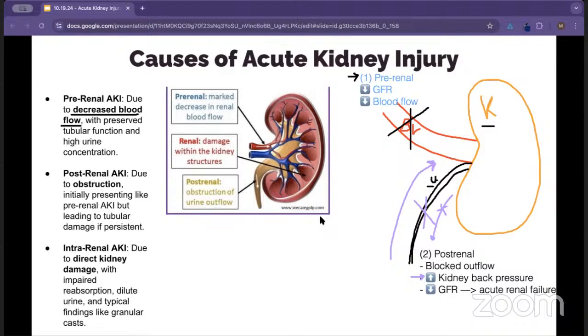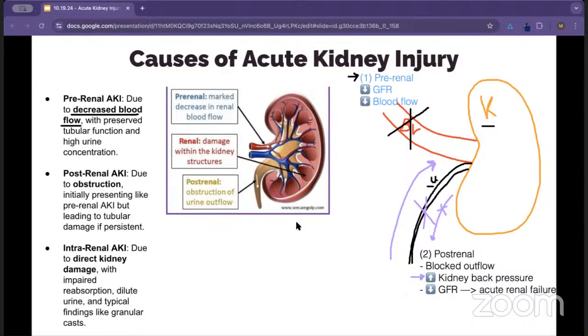The key lab findings would include an initially high BUN ratio, but that would drop with persistent obstruction because there would be tubular damage, and the kidneys would get affected. Remember, decreased blood flow doesn't damage the kidneys, it just makes them work overtime. But with increased backflow, post-renal azotemia is a result of the blocked outflow in the ureter.